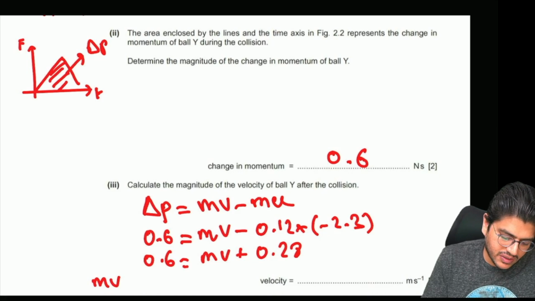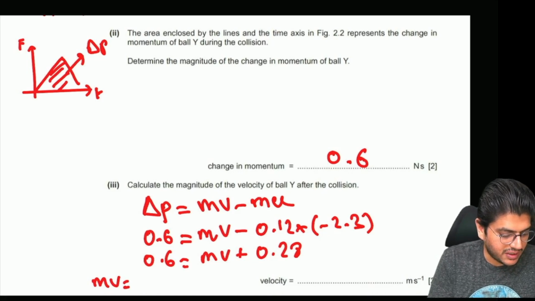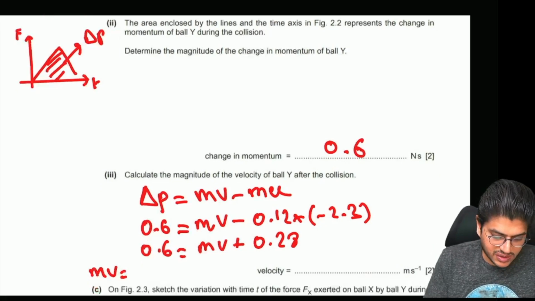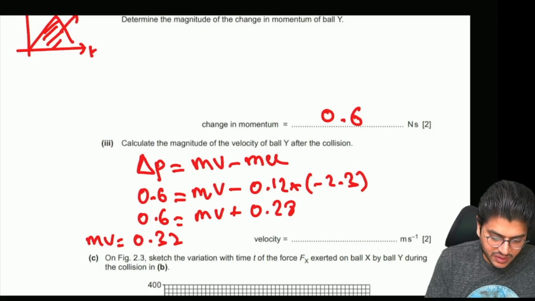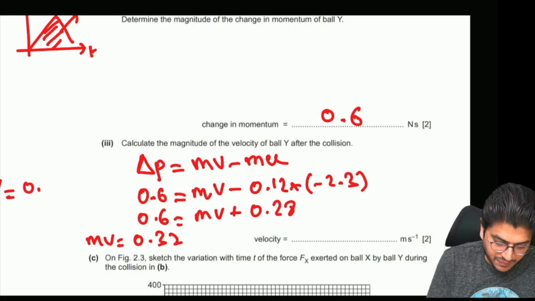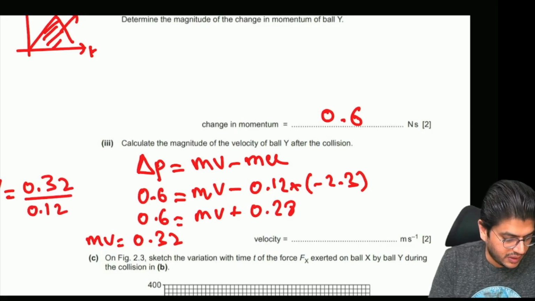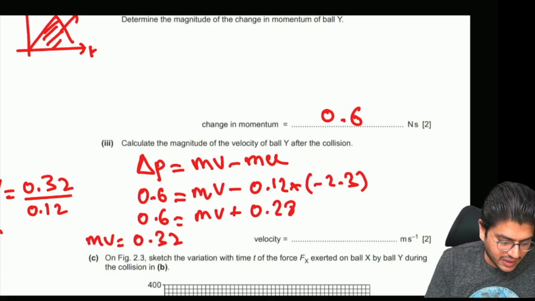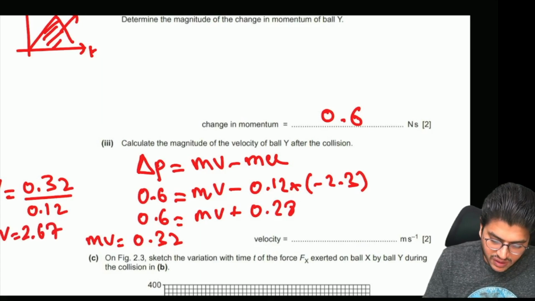So mv turns out to be 0.6 minus 0.28, which is 0.32. Now divide this by the mass, which was 0.12, to calculate the final velocity. 0.32 divided by 0.12. The final answer that I'm getting is 2.67.